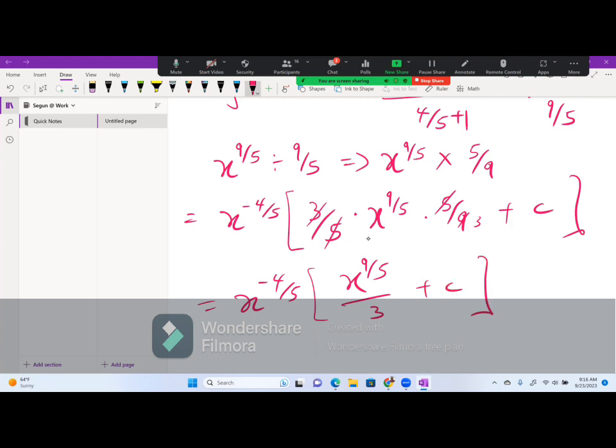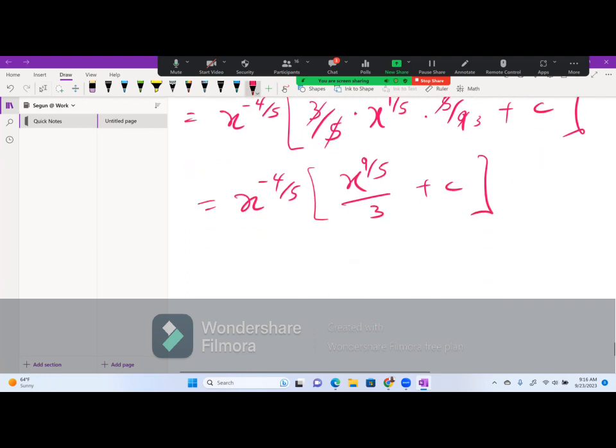Then when you open the bracket and multiply what is inside and outside, we are going to have x raised to the power 9 over 5 divided by 3 x raised to the power 4 over 5, plus c over x raised to the power 4 over 5.